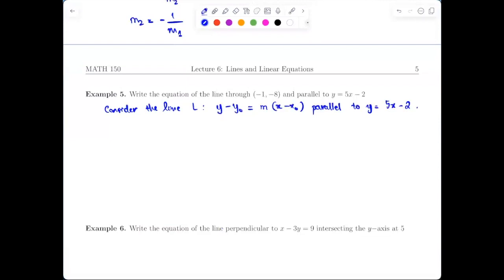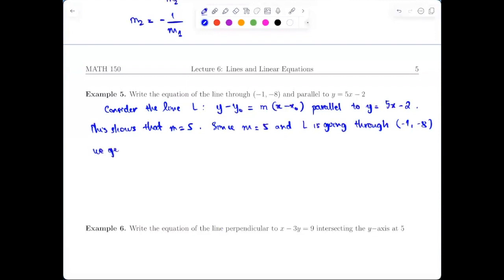This shows that m is equal to 5. Now, since m is equal to 5 and L is going through (-1, -8), we get y minus -8 equals 5 times x minus -1.